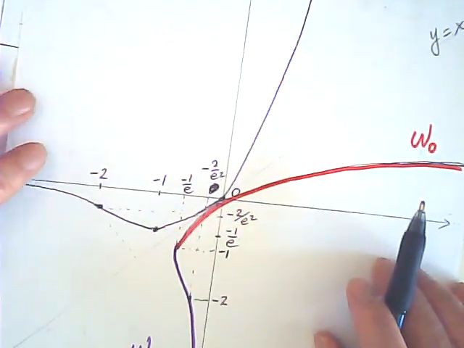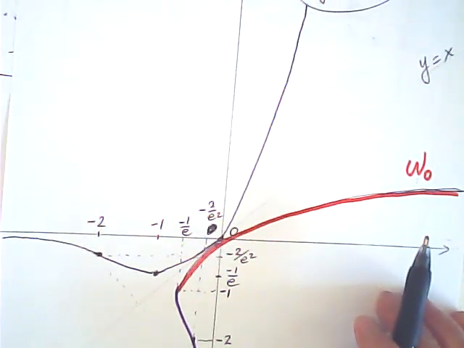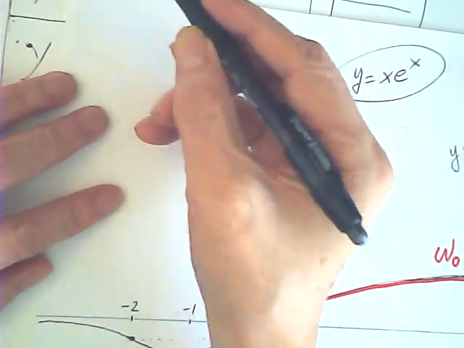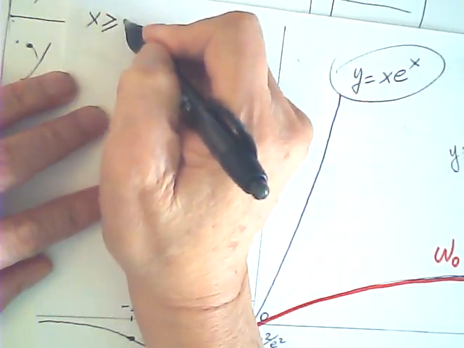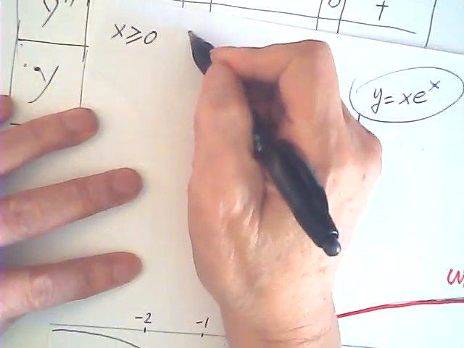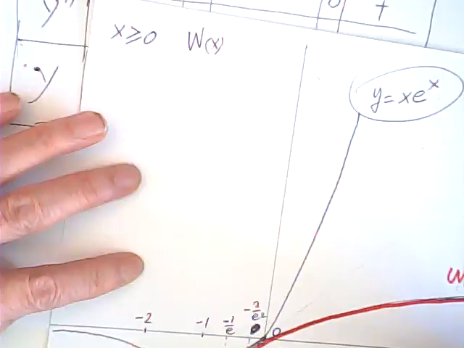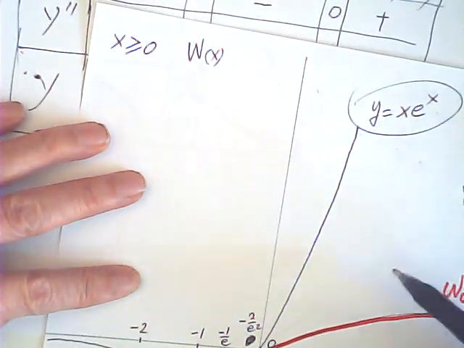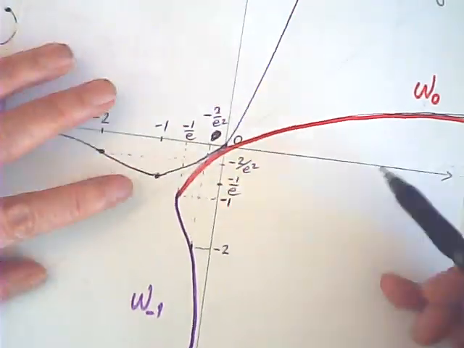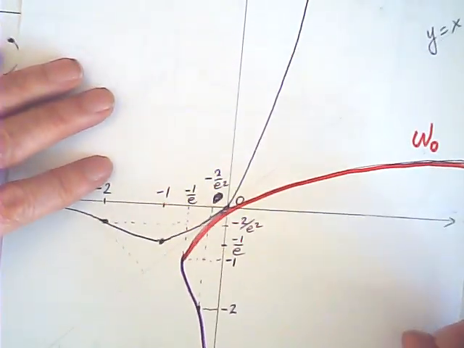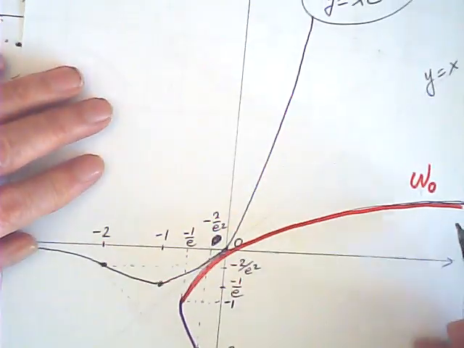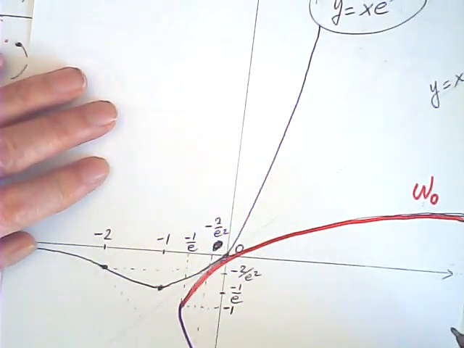And what else? When x is positive or 0, the W function has one real solution. See, the picture can tell us many things. A picture is worth 1,000 words. Many properties we can see from the picture.